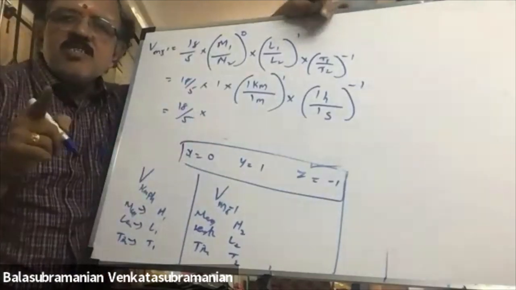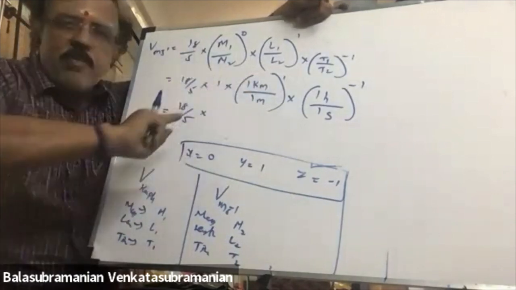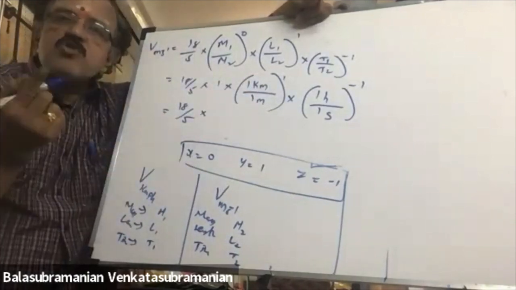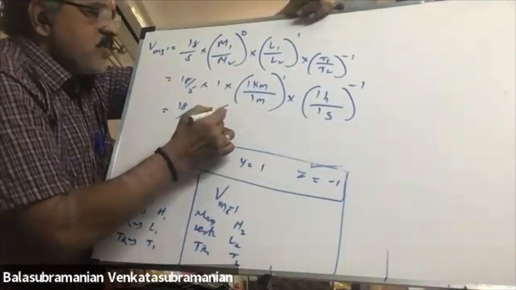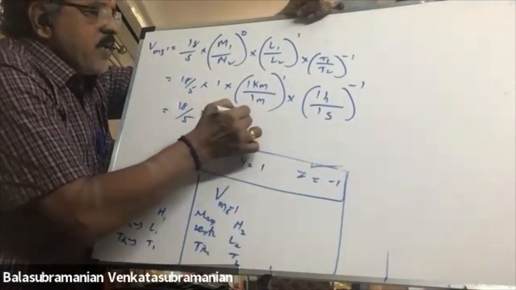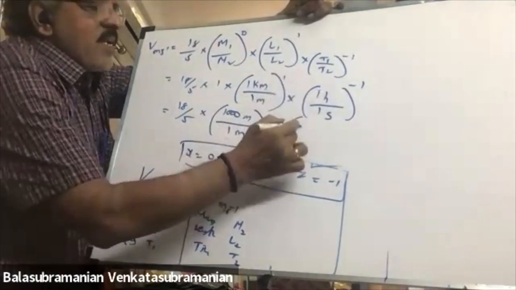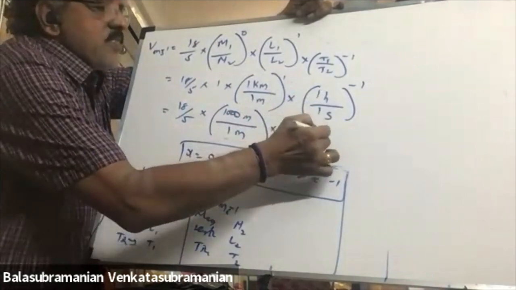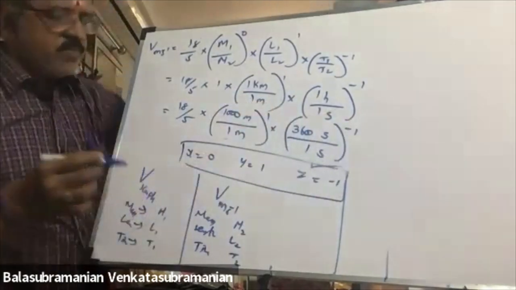Sir, your answer should be in terms of meter per second. So you have to convert this kilometer into meter. What is to be calculated only you have to write. Kilometer you can write as 1000 meter, by 1 meter. 1 hour, 3600 second by 1 second, power minus 1, power 1.